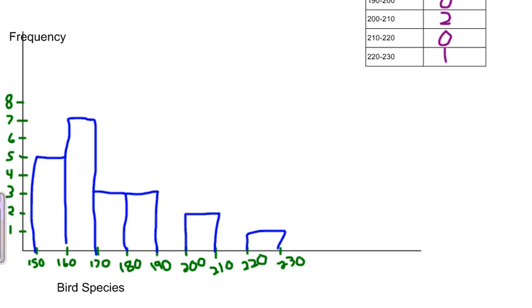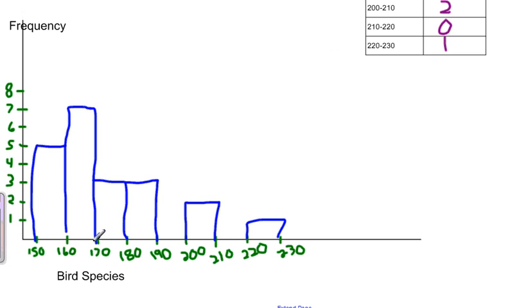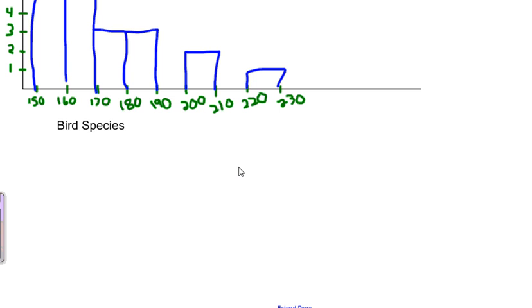Now this problem also asked us to describe the distribution. Now that you've gone through this chapter, you should have seen that we describe distributions using 4 things: shape, center, spread, and outliers or unusual features.